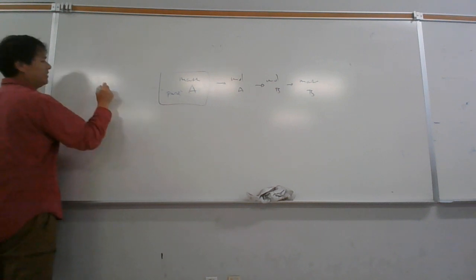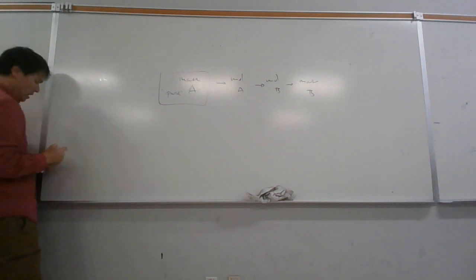And the extra branch would be the mass of a mixture of A.